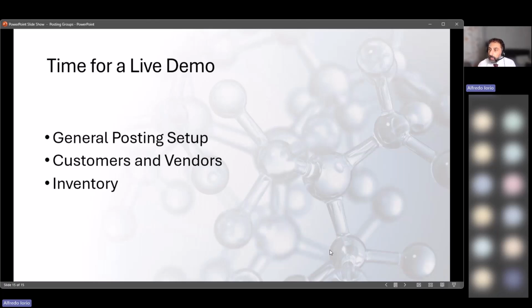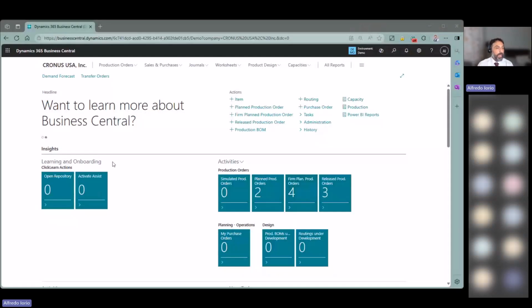So let me change my screen, and there we go. Now I'm sharing my sandbox. I'm using a US sandbox, but what I'm going to show you today applies to any sandbox, right? It doesn't differentiate between US or Great Britain.